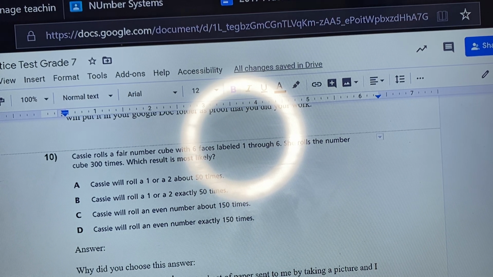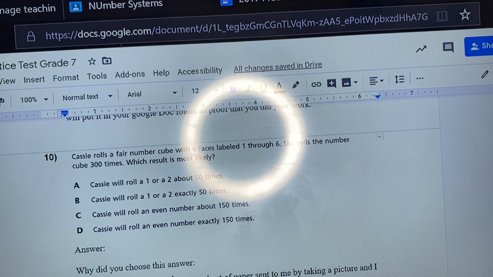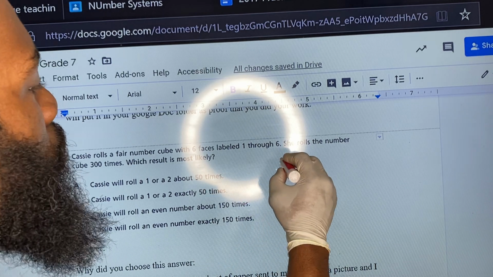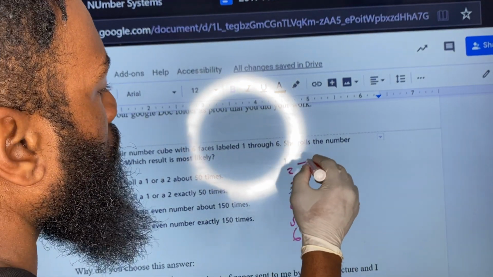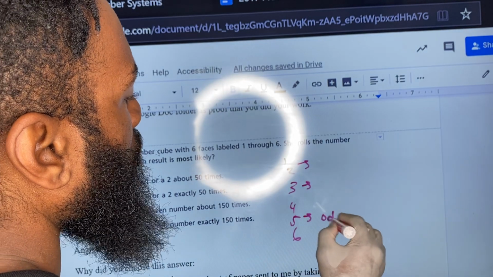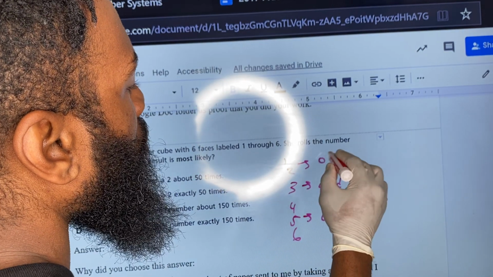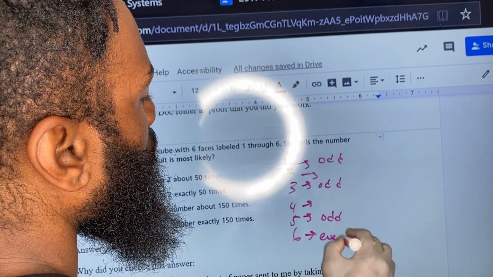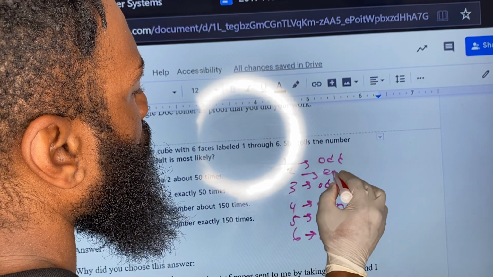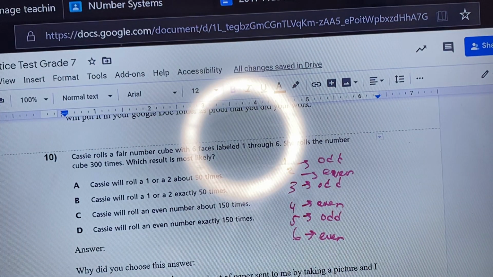Okay, so here it says Cassie will roll a 1 or a 2 about 50 times. So a cube has 6 faces: 1, 2, 3, 4, 5, 6. 1, 3, and 5 are odd, obviously, on a cube. 2, 4, and 6 are even. Right? And this is probability.